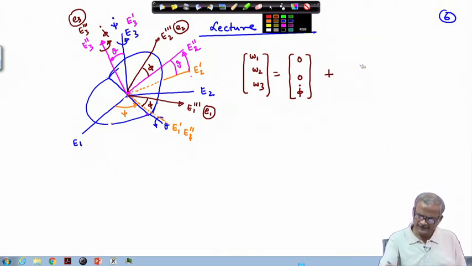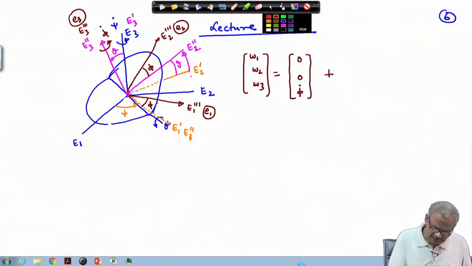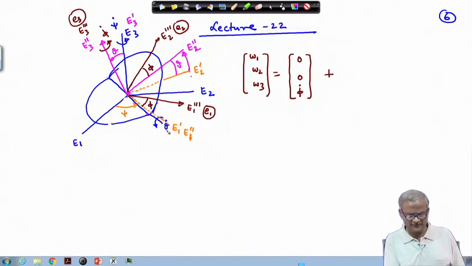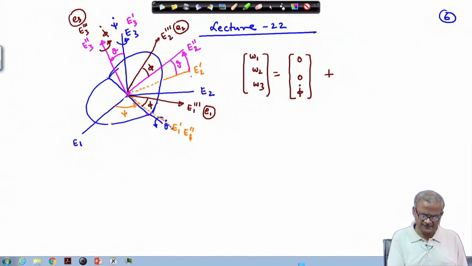Next, we take up theta dot. Theta dot is here, psi dot is here. So, this theta dot we need to convert. Now look into this frame: how many rotations do we need to give to finally reach the body axis, which is the small e 1, small e 2 and small e 3 frame?